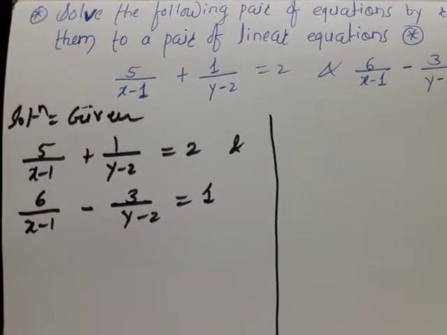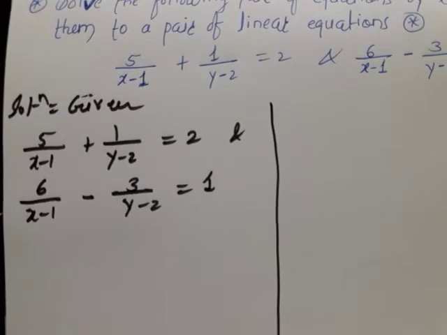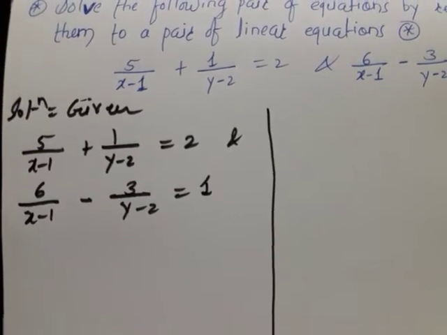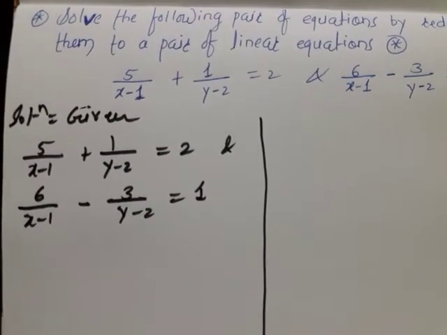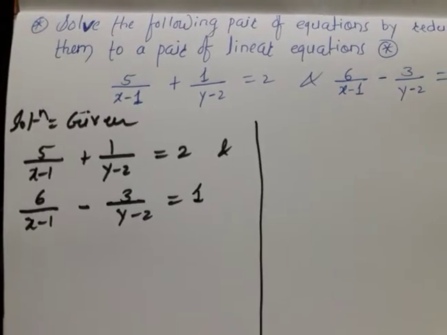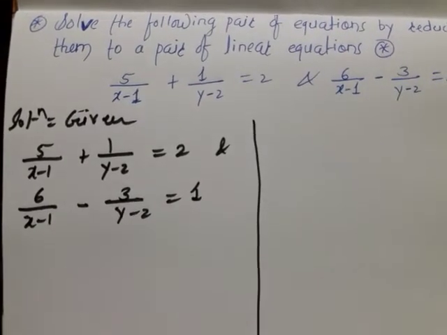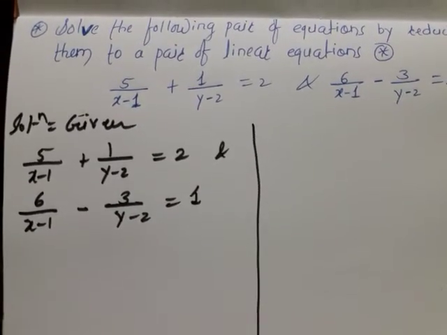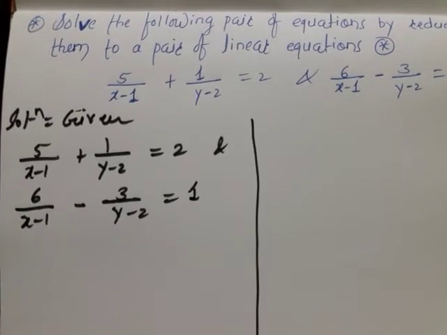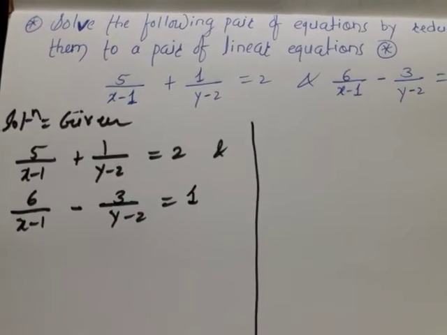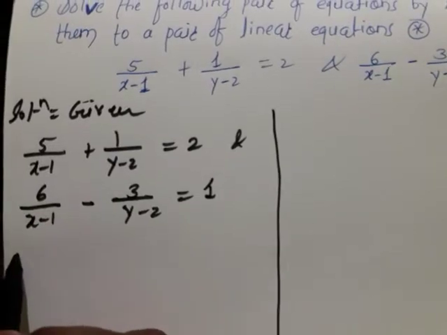Now we will reduce those equations to linear equations in two variable form, and then we will solve them. For that purpose, what should we do? We will write the given equations in another form. What is that form? Look here.